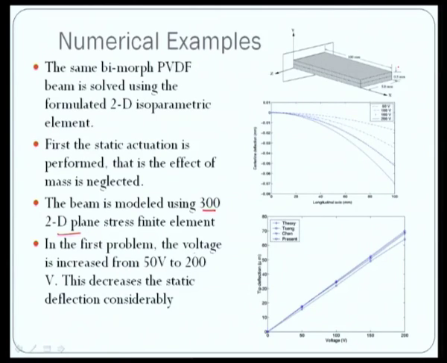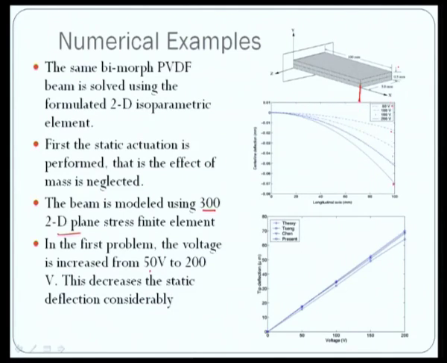In the first problem, the voltage is increased from 50 volts to 200 volts. When we do that, we know that when we apply this load, the tip is going to deflect maximum in this direction. There is no mechanical load here. As we increase the voltage, we see that the deflection increases.